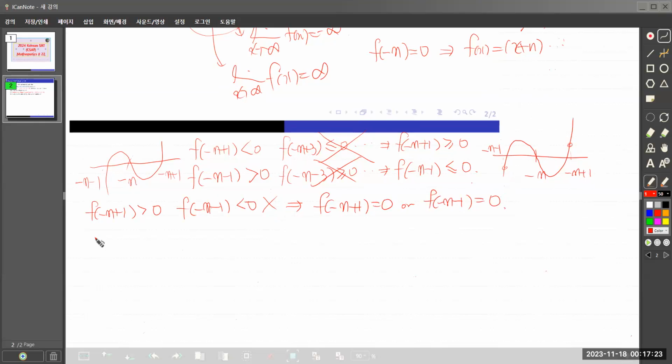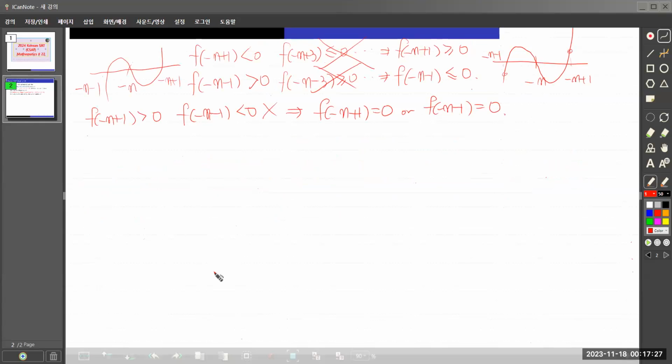Okay, so that means f(x) has a factor, possibly x plus n minus 1, and we don't know what else. So say x minus a, or f(x) is equal to x plus n plus 1, and we don't know the last factor.